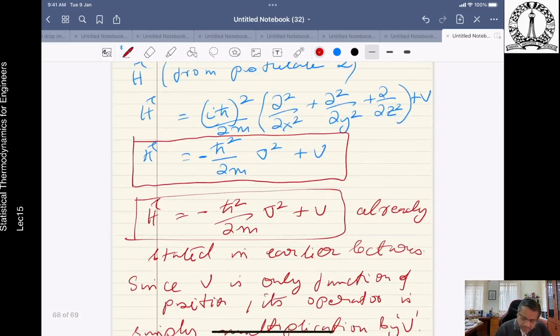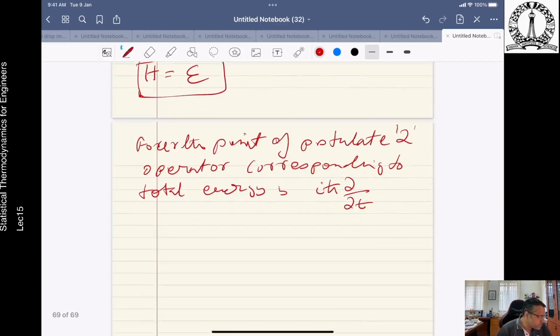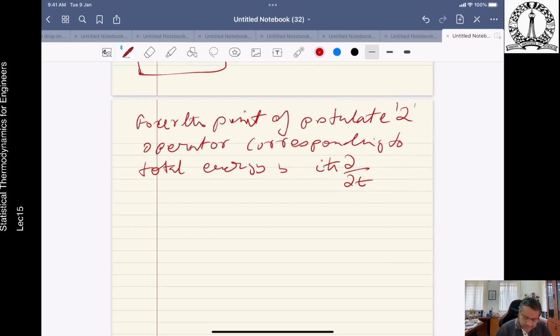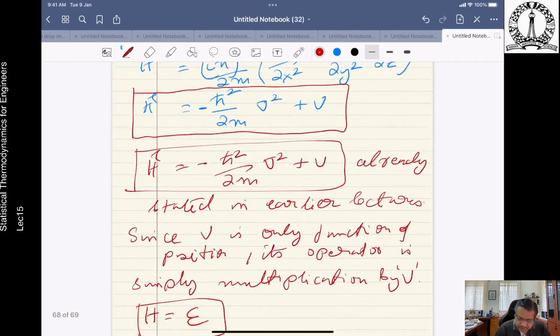Now if we apply postulate 2, the expression becomes minus h bar squared by 2m Laplacian psi of r comma t plus V, which is only a function of r, psi of r, t, because now this is applied on the wave function.